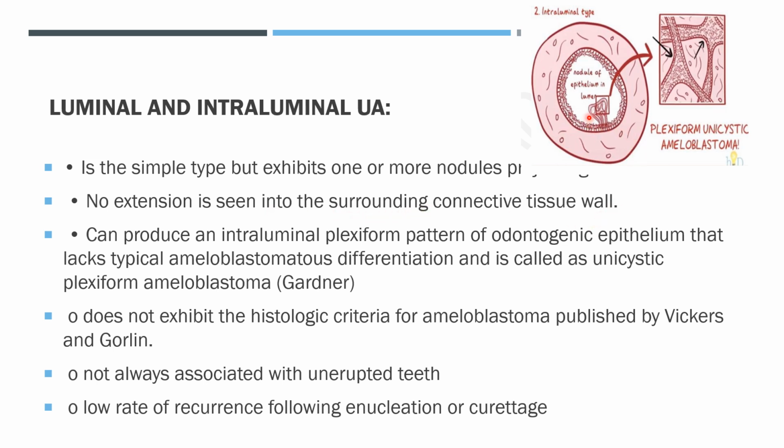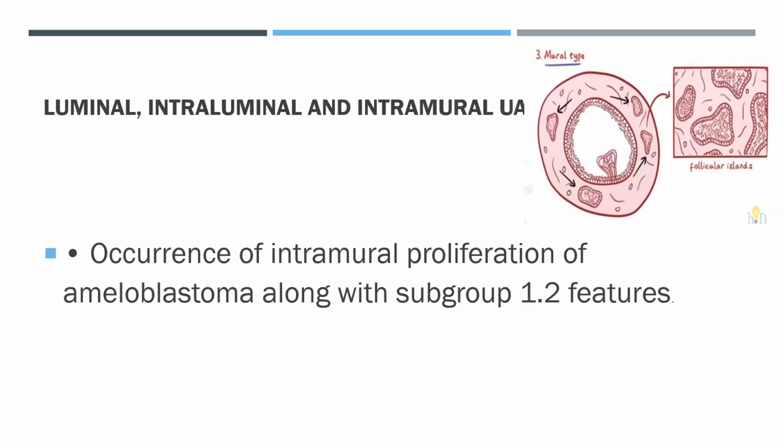It can produce an intraluminal plexiform pattern of odontogenic epithelium that lacks typical ameloblastomatous differentiation and is called a unicystic plexiform ameloblastoma, as named by Gardner. It does not exhibit the histologic criteria for ameloblastoma published by Vickers and Gorlin. Not always associated with unerupted teeth, it has a low rate of recurrence following enucleation and curettage.